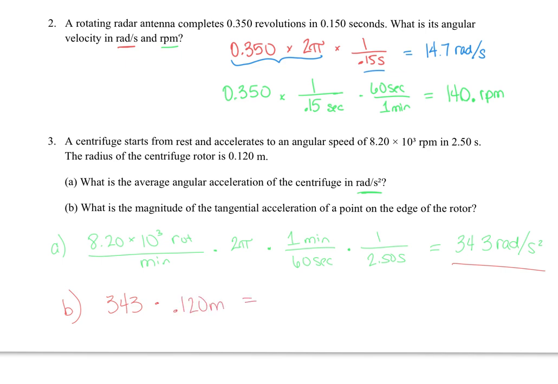And that will now change it to meters per second squared. So once you have your angular acceleration, you just convert to your meters per second squared by multiplying by that radius.